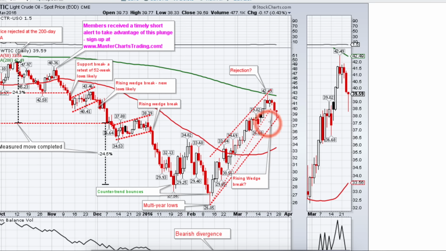If I drew it like this, off the lows here, this line right there, then we already had a bear wedge break. But alternatively, you could draw in the pattern off the Thursday low and the multi-year low here from February, and in that case we have not had a breakdown in this rising wedge.